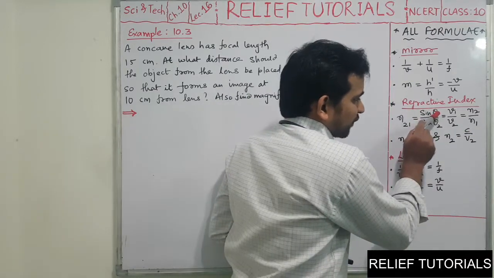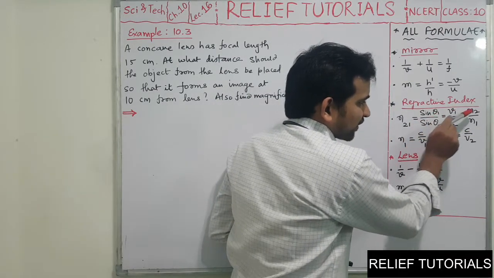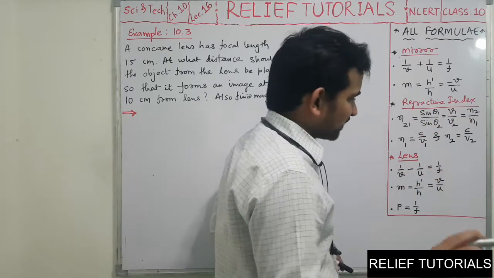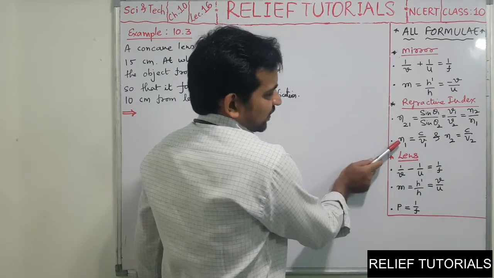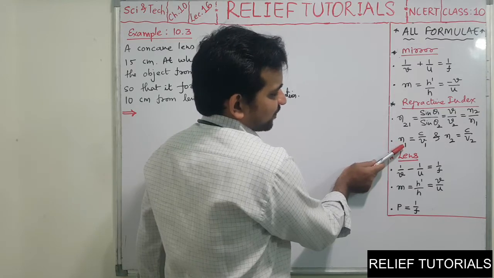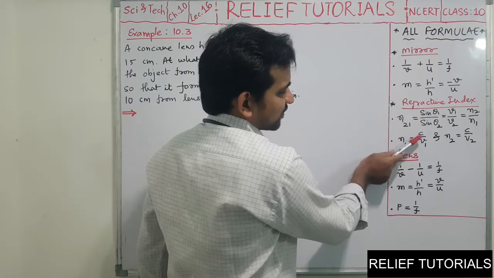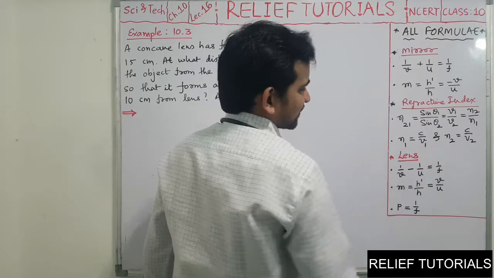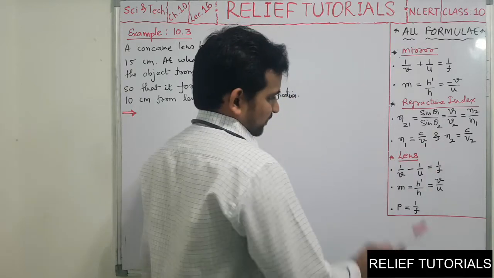See, here is 1 upon 2, 1 upon 2, and here is 2 by 1. Please be careful. Now, the formula is for absolute refractive index. Eta 1 is equal to C by V1 and eta 2 is C by V2 and so on.